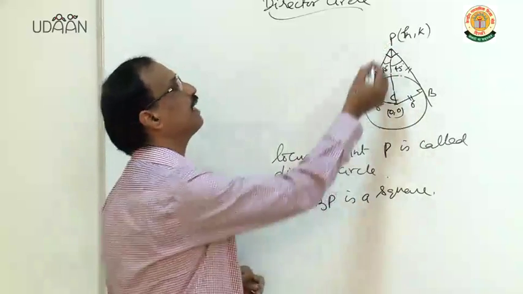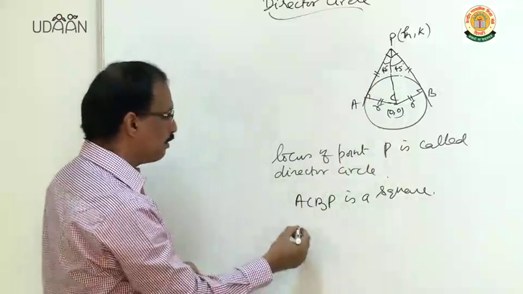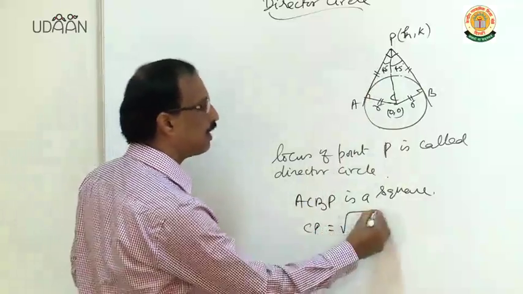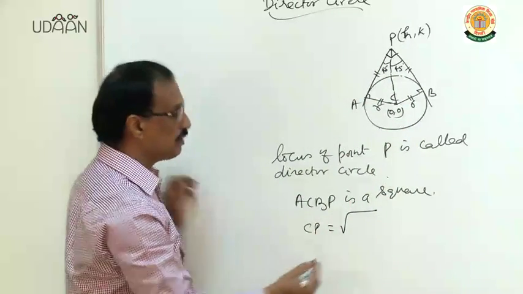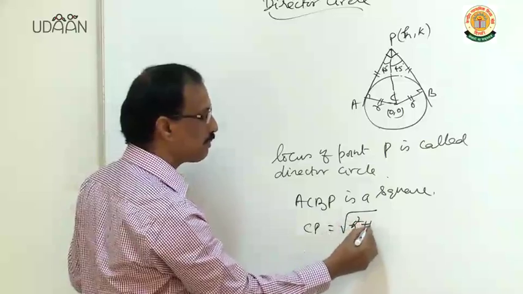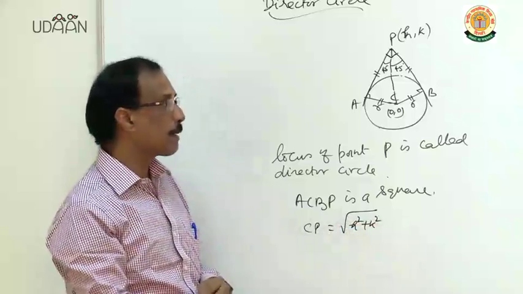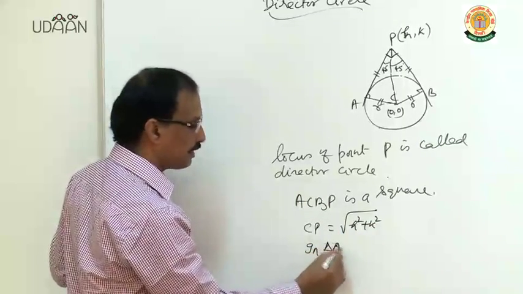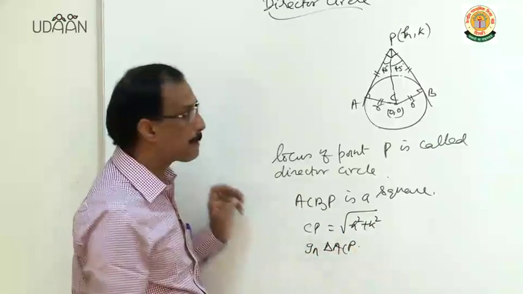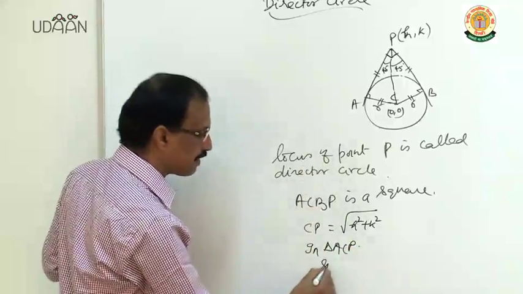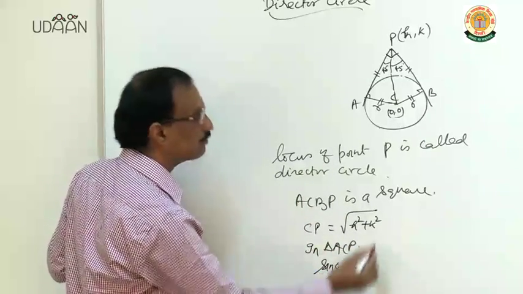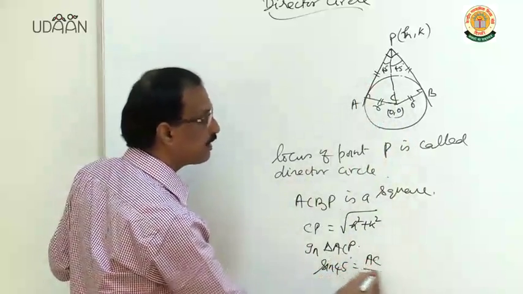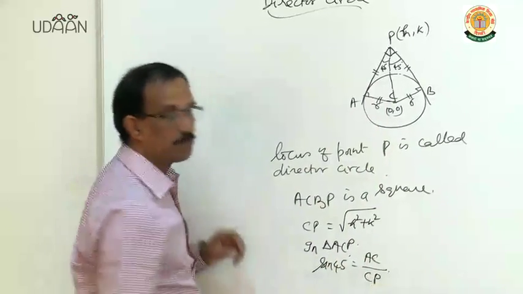Now we have to find the locus of this. What is CP? CP is the distance between them, so it gives us root of h square plus k square. Then in triangle ACP, sin 45 equals AC by CP.